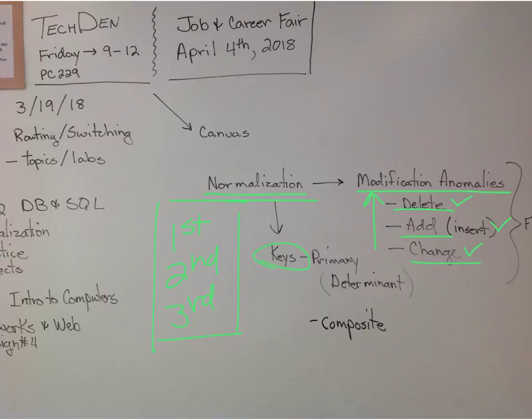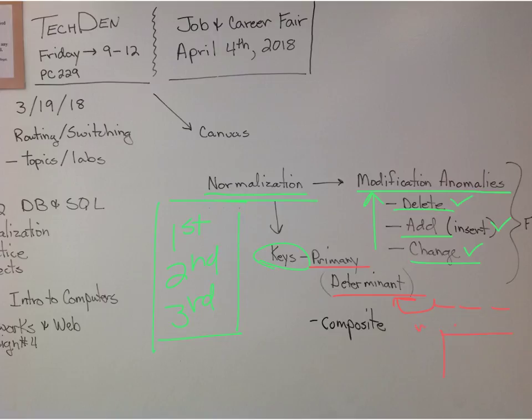We talked a little bit about keys. Talked about the primary key. And when the primary key should be a determinant, and it determines all the attributes relate back to that key. We've been talking about this ever since we started creating tables.